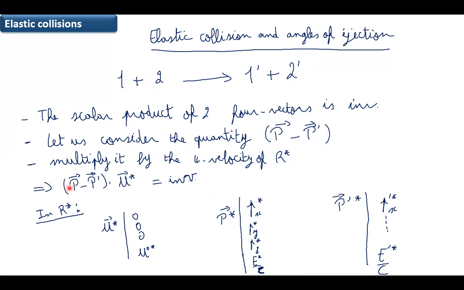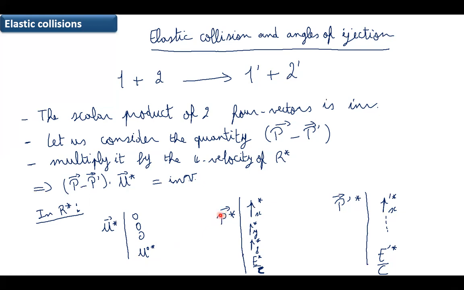So the quantity P minus P prime times U star is the scalar product of two 4-vectors, so it is invariant. Let's find this invariant in R star. We have U star and R star in the same frame, so the frame is at rest with respect to itself. The spatial velocity is 0, and you have the time coordinate U0 star.